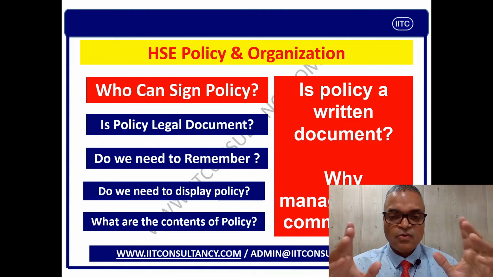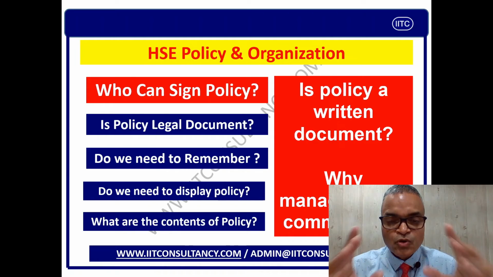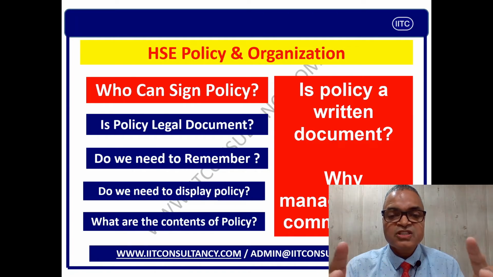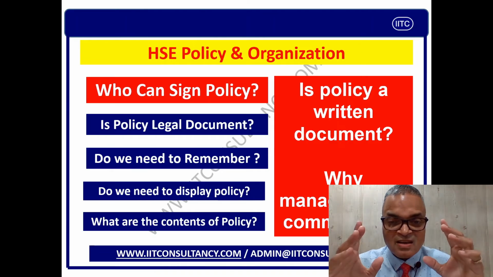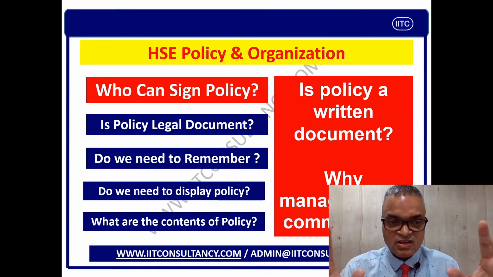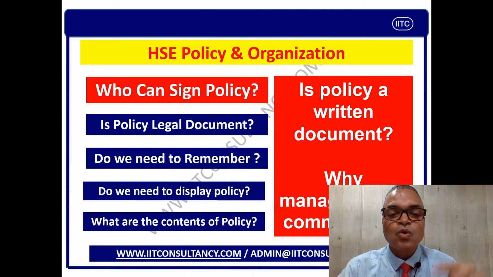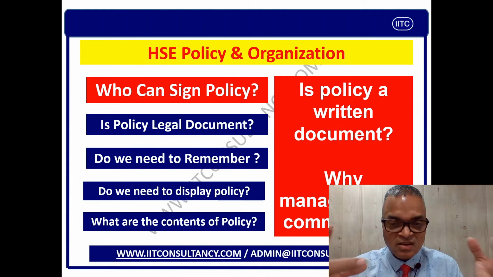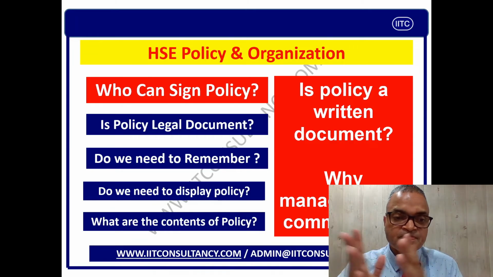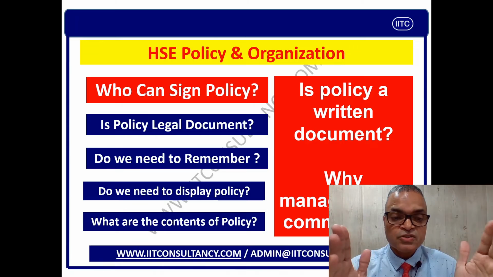Of course. Once it is formulated, agreed, approved and signed, it must be displayed at suitable and sufficient locations so that people are familiar with it, and it must be translated into the local language or the language understood by employees, whether contract or permanent. Everybody should know the intent of the safety policy.